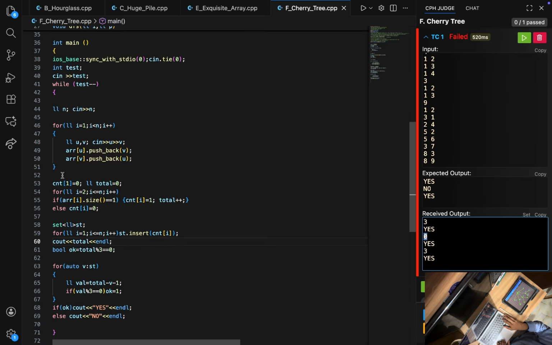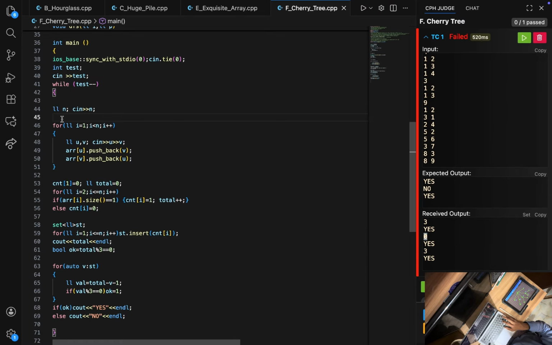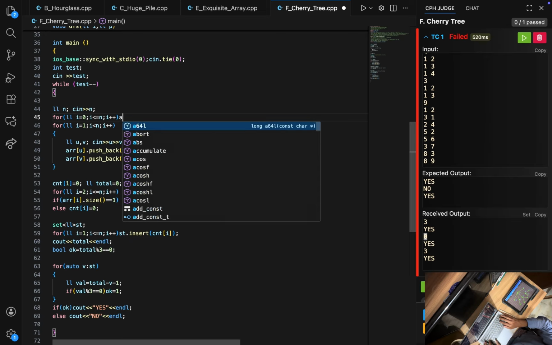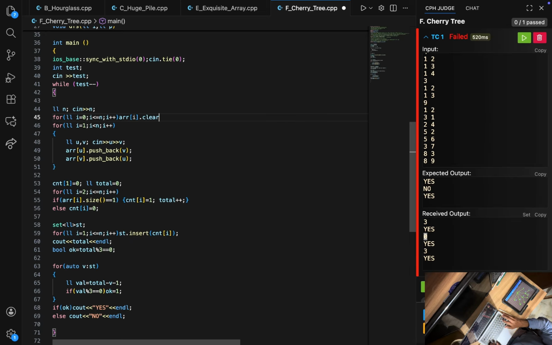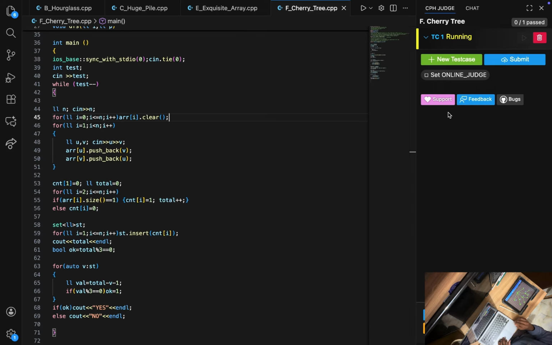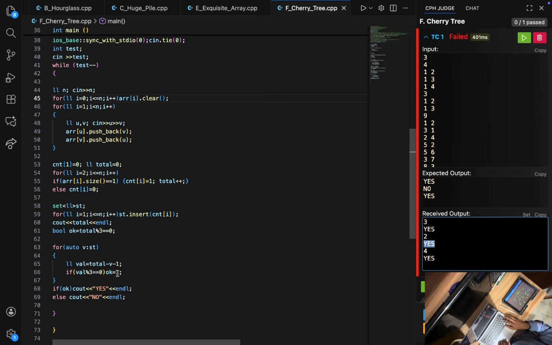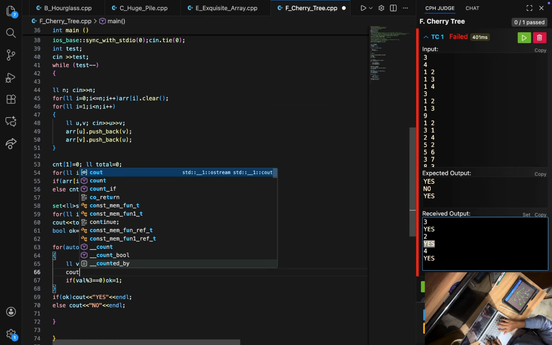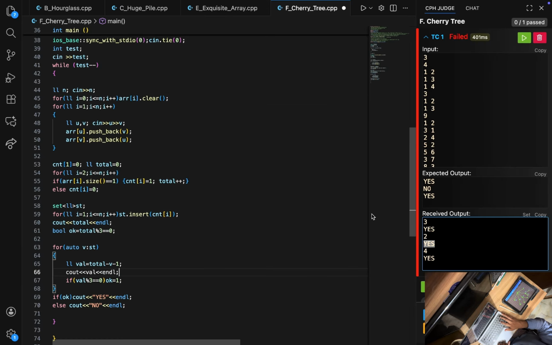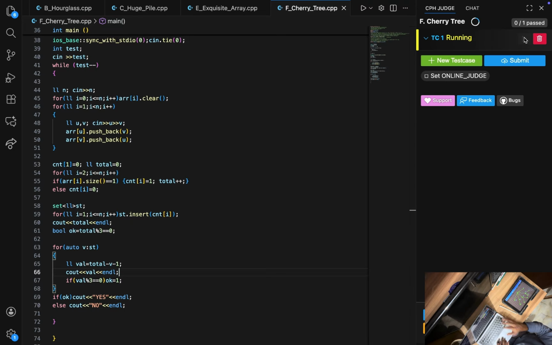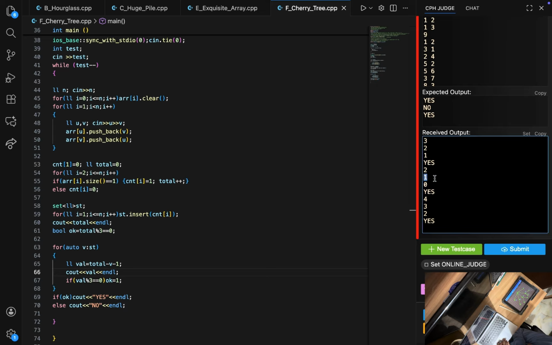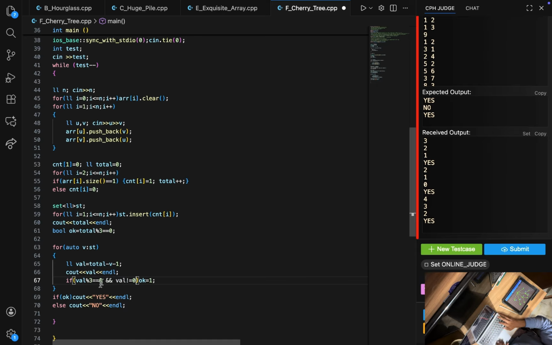I haven't cleared it. It's giving me yes. Okay, 2 1 0, and val not equal to 0.